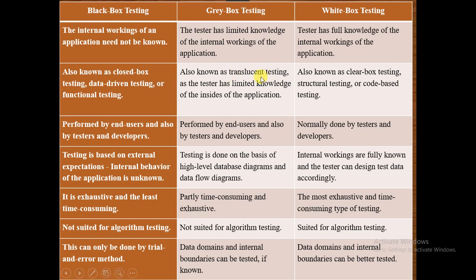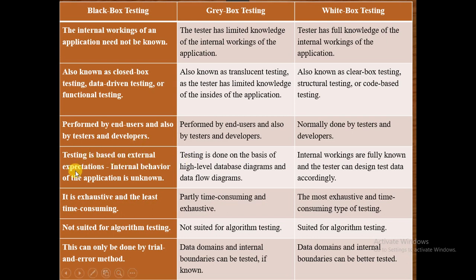Gray box is known as translucent testing because the tester has limited knowledge, so he can at least identify what is going on in the application. White box is clear box testing because the programmer himself does the white box testing. Black box is performed by end users and also by testers and developers. Gray box is normally performed by end users and also by testers and developers. White box is normally done only by testers and developers. End users do not do it.